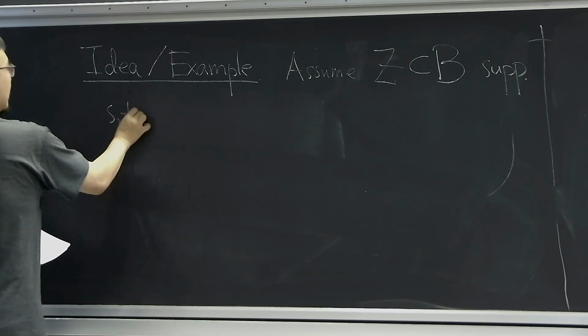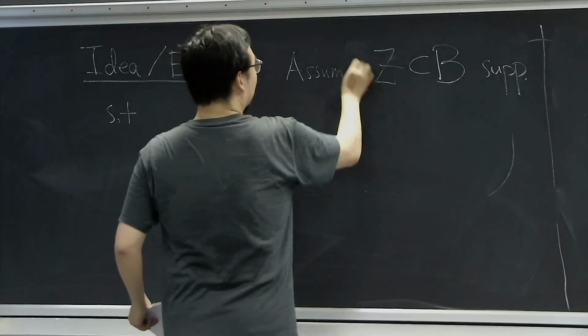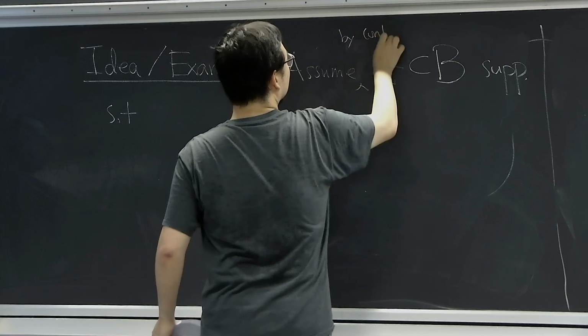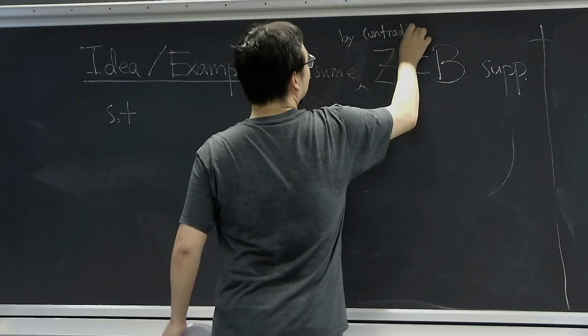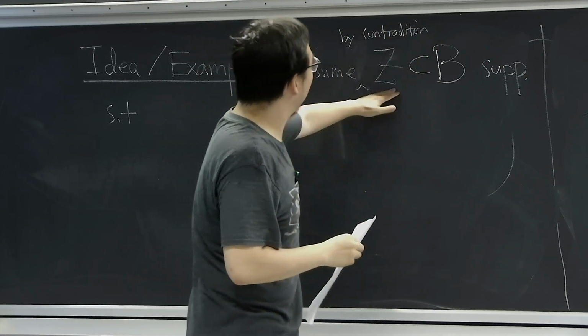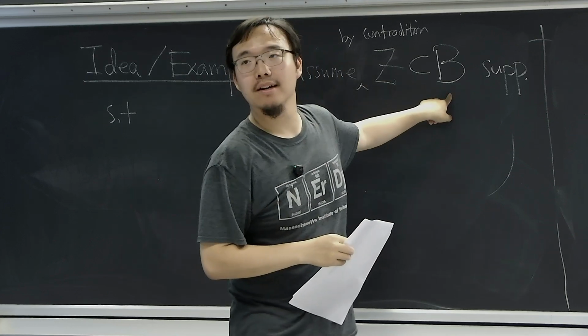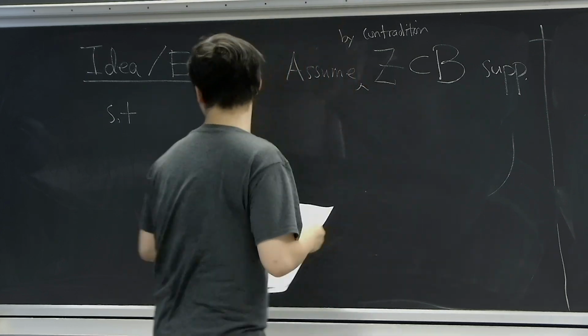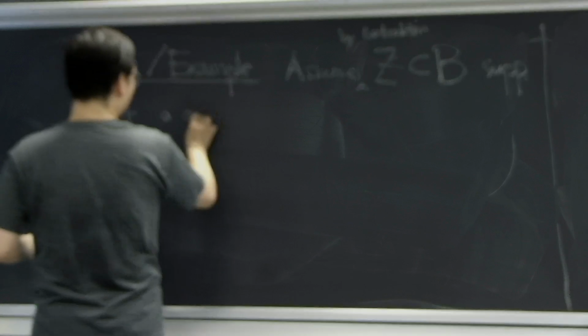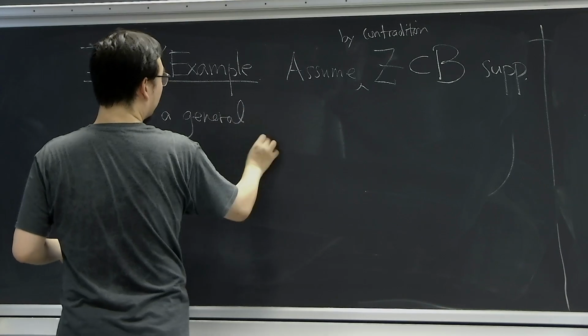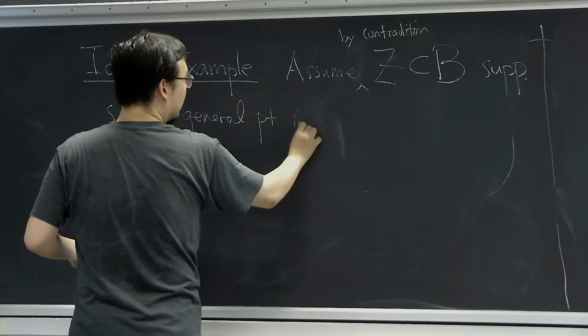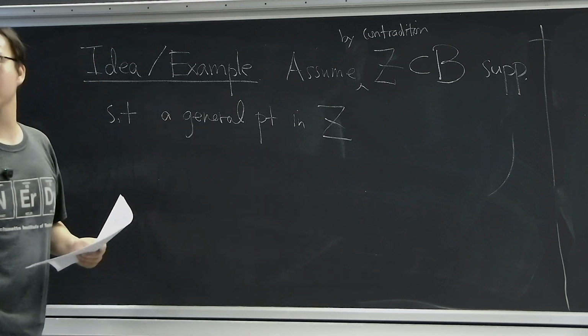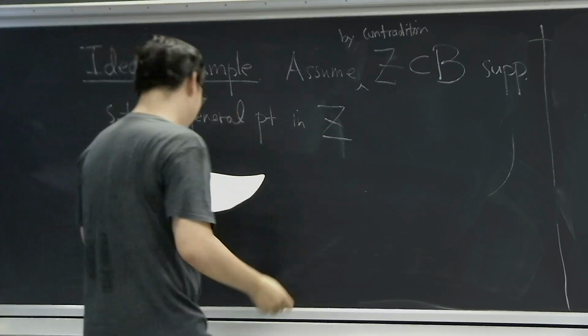Let's assume by contradiction that you will have a support outside of the B circle. Then this means that a general point in Z won't be an integral curve.